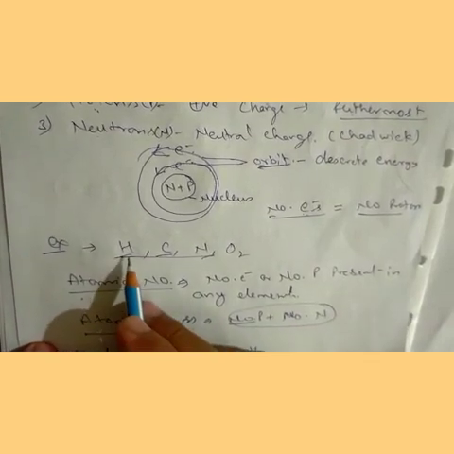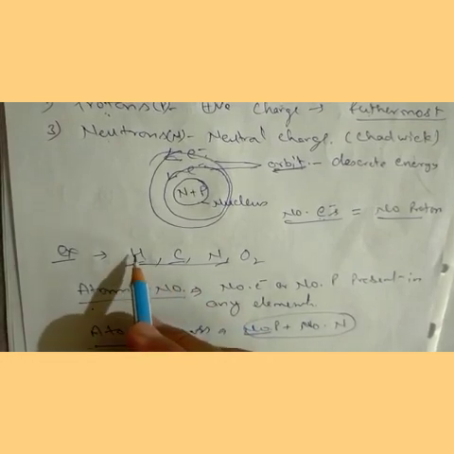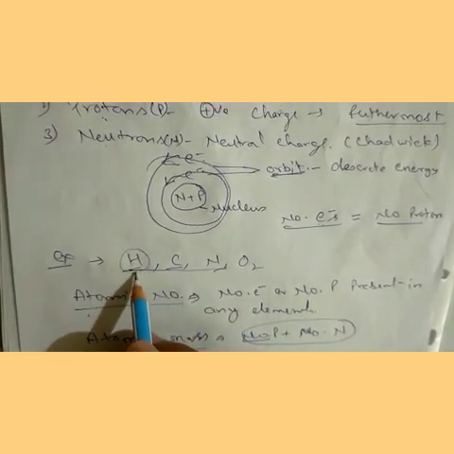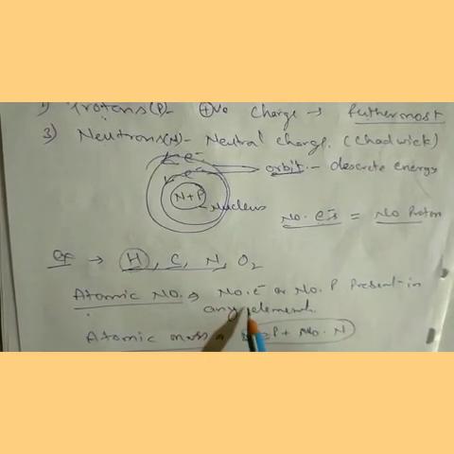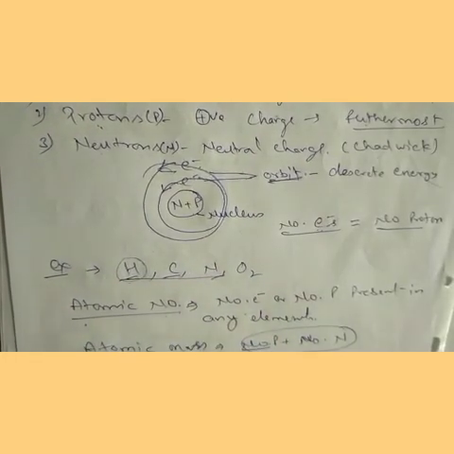Now these elements have a certain atomic number. Atomic number means, for example for hydrogen, the number of electrons present in their orbit, or the number of protons present in any atom, that is called its atomic number.